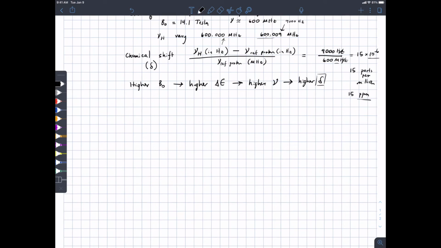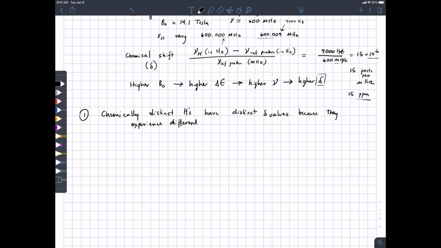Why is all of this useful? Principle number one is that chemically distinct protons have distinct chemical shifts or values of delta. They have distinct values of delta because they experience different environments.